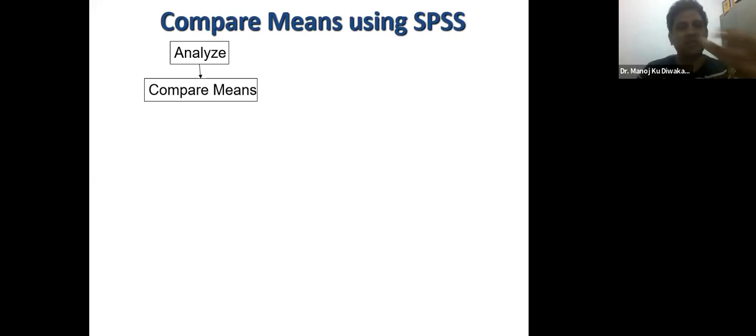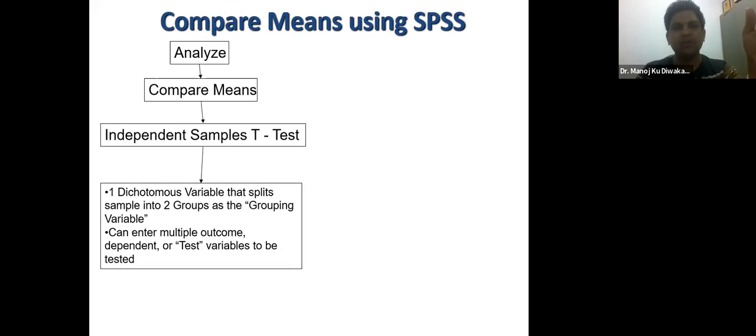I'm just demonstrating through this slide only, and later on you can also do it with SPSS. You can go for compare means using SPSS. You go to Analyze, then Compare Means, and here a pop-up will come up for the independent sample t-test, where you specify a dichotomous group. Let's say the JNU group and the DU group.